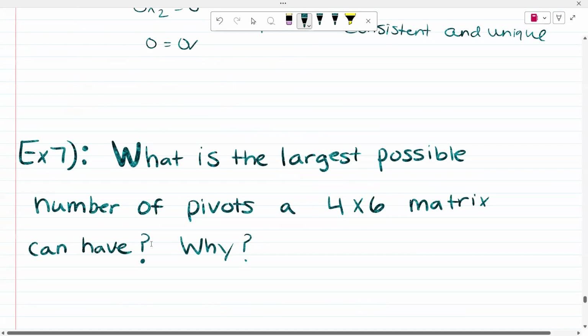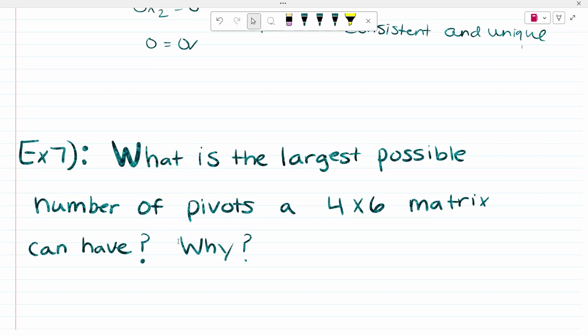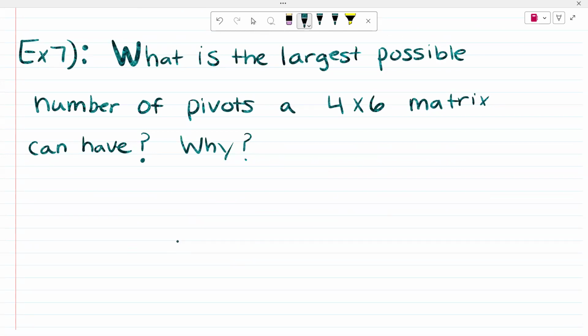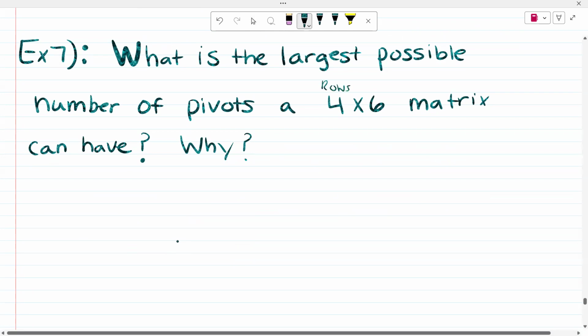Okay, example 7 says, what is the largest possible number of pivots of a 4 by 6 matrix, and why. Pivots are those diagonal ones. So if you want, you can draw this matrix, 4 by 6. 4 is the rows, and 6 is the columns.